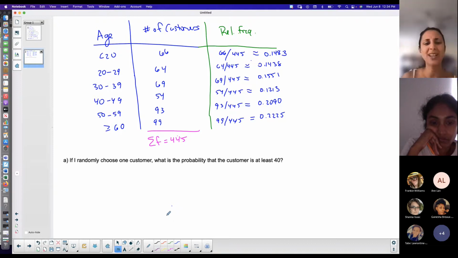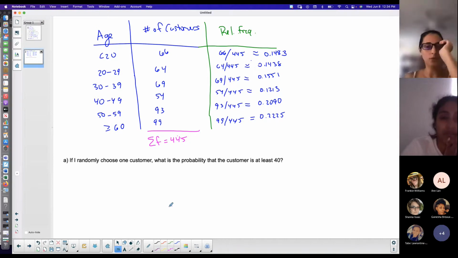So, well, at least 40 means 40 or more. How many people are 40 or more? You could do this two different ways, okay?